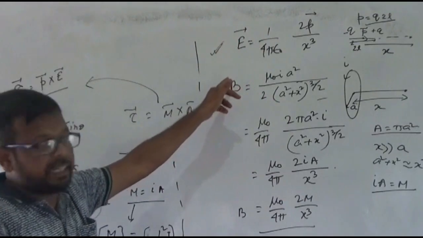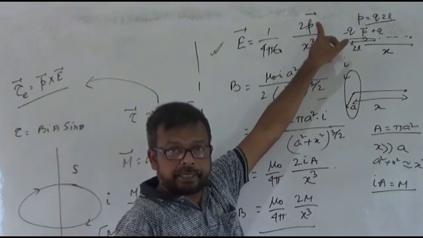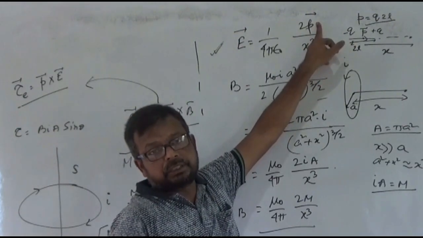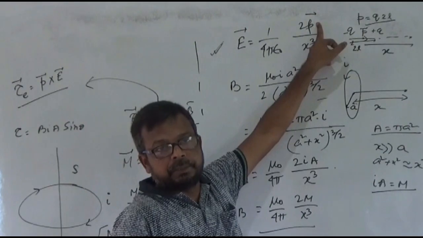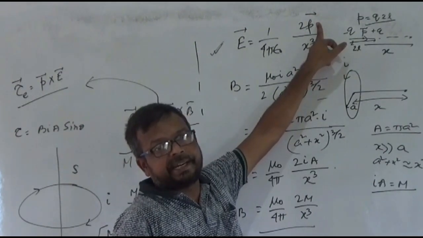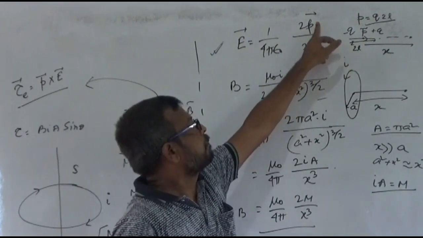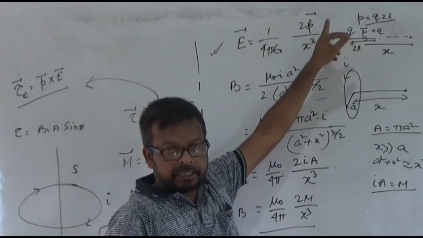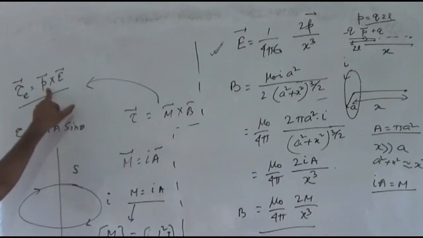But in electrostatic field, we have told this as dipole moment, and dipole consists of the same amount of positive and negative charge placed separated by a small distance, and that is electric dipole. Here also P is electric dipole moment.